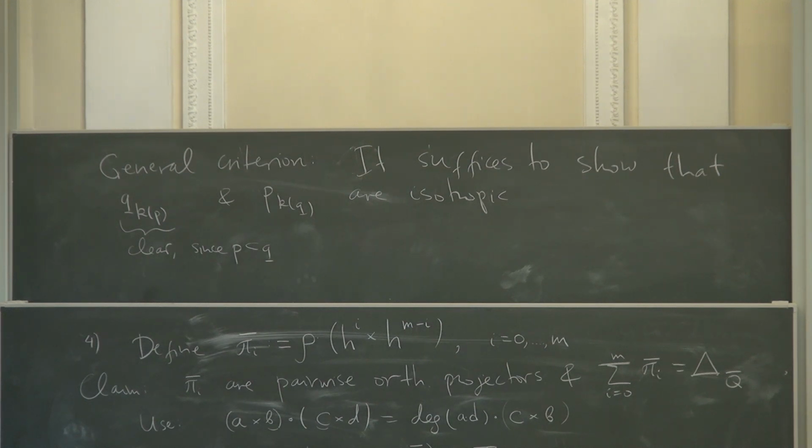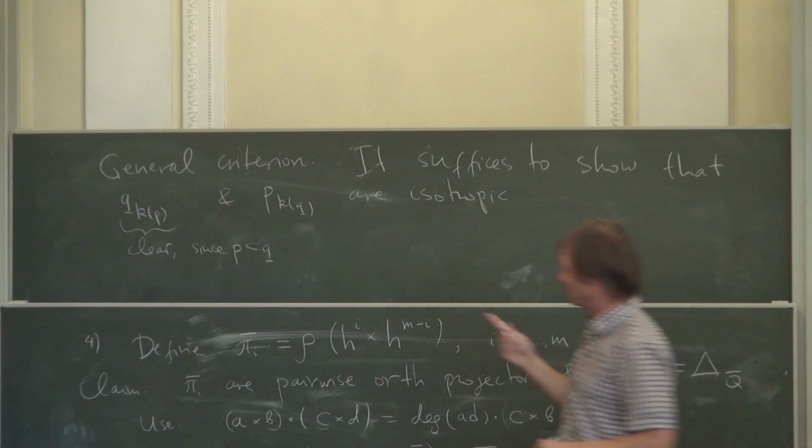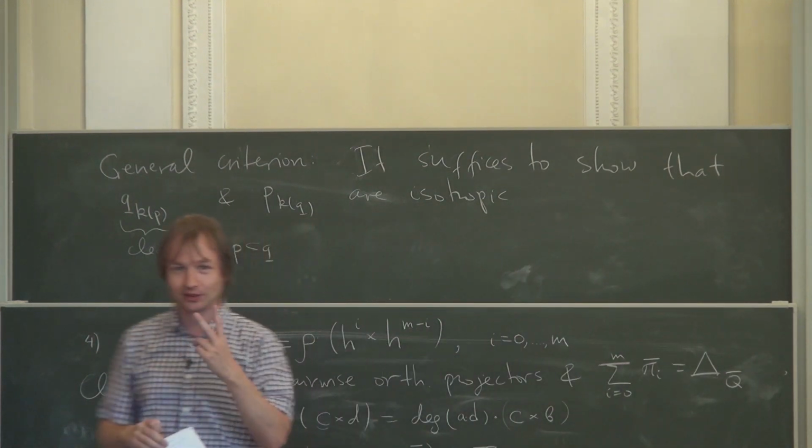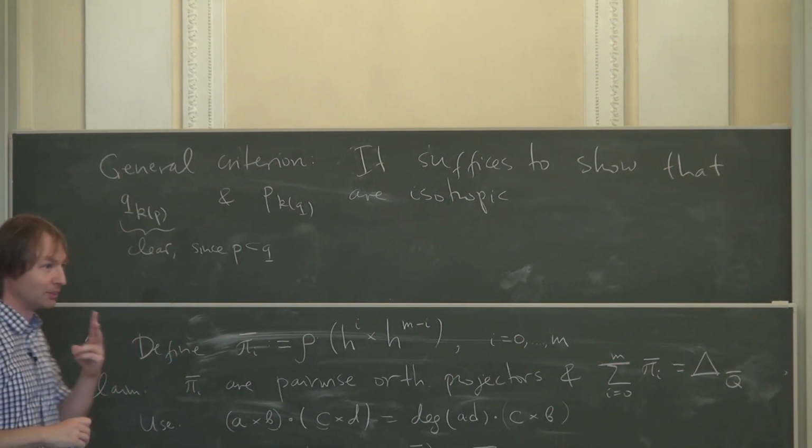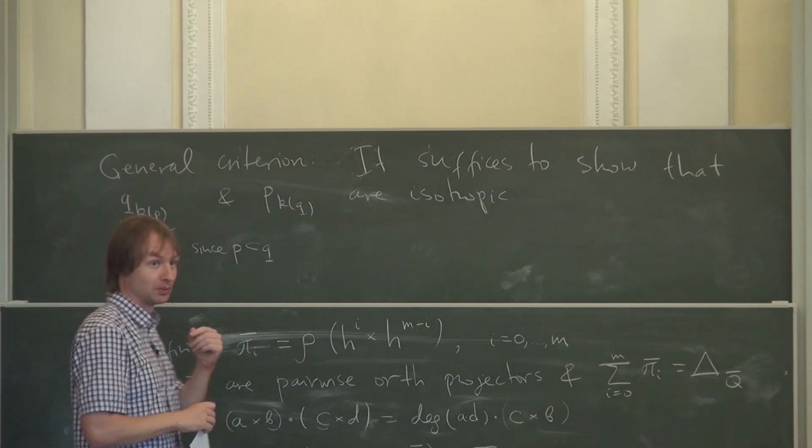When we pass to the function field, we get 2 copies of hyperbolic planes, so a 2-dimensional totally isotropic subspace.